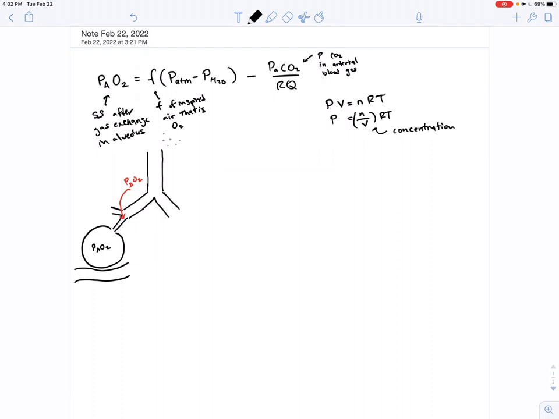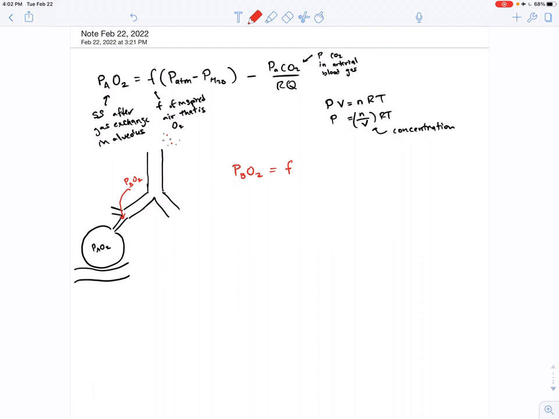Okay, so we have our PbO2, the partial pressure or concentration of oxygen in our bronchioles right before we get to the alveolus. And this is going to be related to the fraction of inspired oxygen, the fraction of inspired air that is oxygen, and that's around 20% usually.